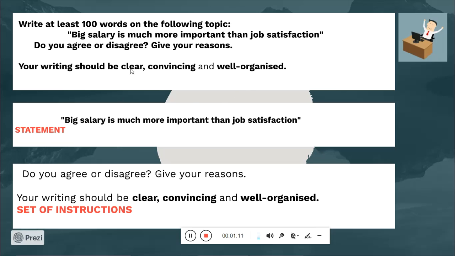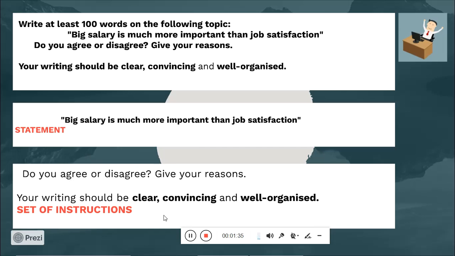So, for this question, we have to divide it into two sections. The first one is the statement, which is big salary is much more important than job satisfaction. Then the set of instructions, like write at least 100 words on the following topic. Do you agree or disagree?